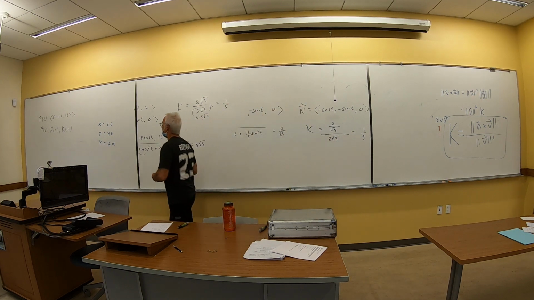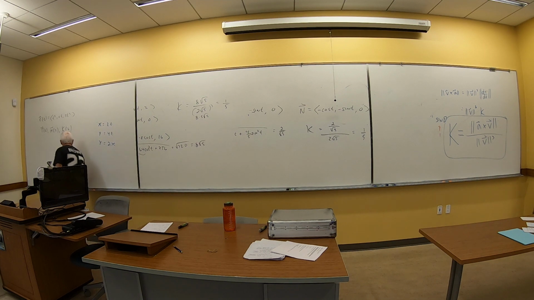So regardless of the route you take to get there, my unit tangent, help me out, which one was this? I know we had, let's see, this was 10t squared plus 1 in all of them, 10t squared plus 1.